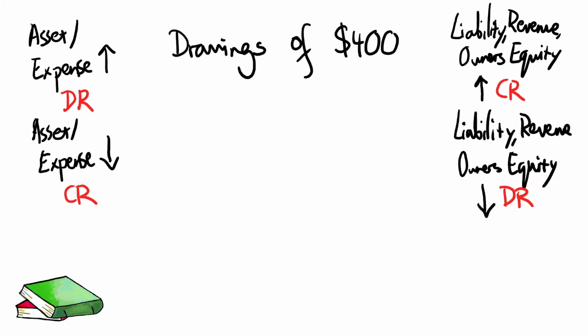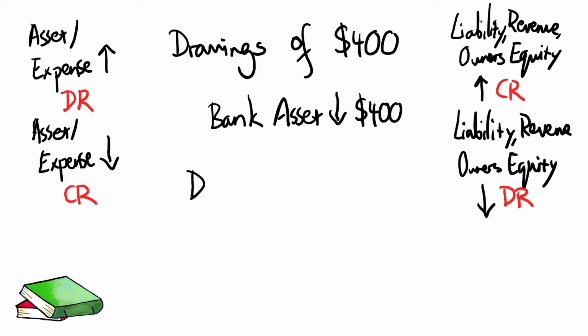If you take a look at the next transaction of drawings of $400, we'll notice that for our accounting equation, our bank asset will go down by $400 and our drawings, which is actually a negative owner's equity, would go up by $400.